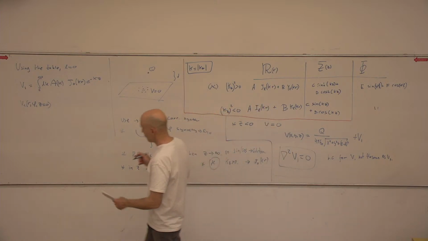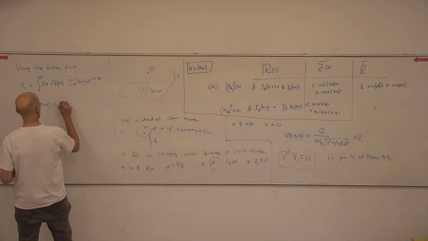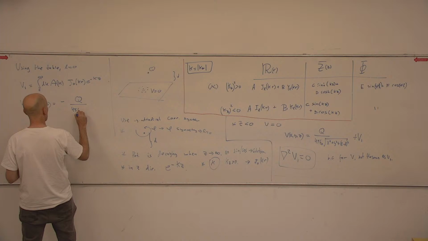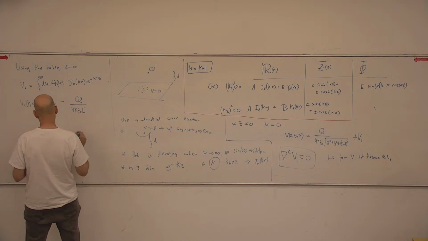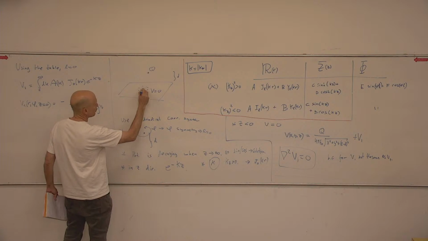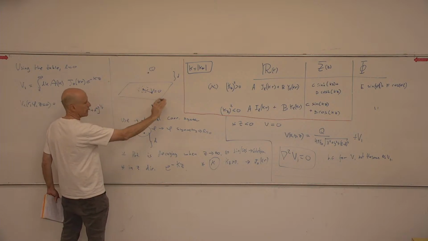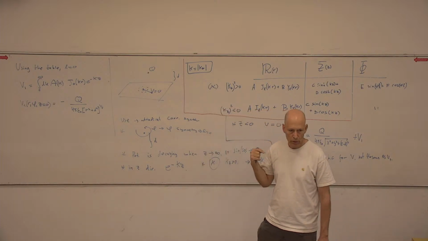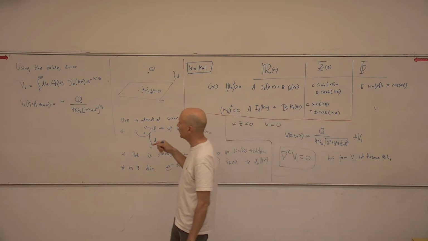It's exactly, let me write it down, it's exactly this: minus, the minus is super important, Q over 4 pi epsilon 0, R squared plus D squared to the half. Remember the R, you have here a point and you're going out in the plane, that's the distance R. Z is equal to 0 in this equation, so R squared is x squared plus y squared.